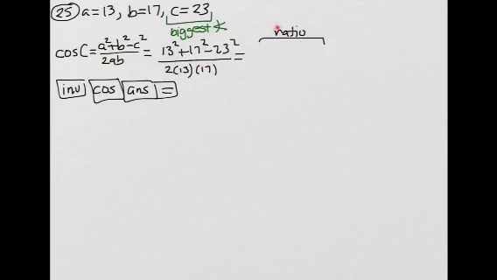So that's going to give you a ratio. After you get the ratio, don't clear the calculator. Leave the number on the screen, and then just hit inverse cosine of the answer, and it should give you 99.24. And that's angle C.